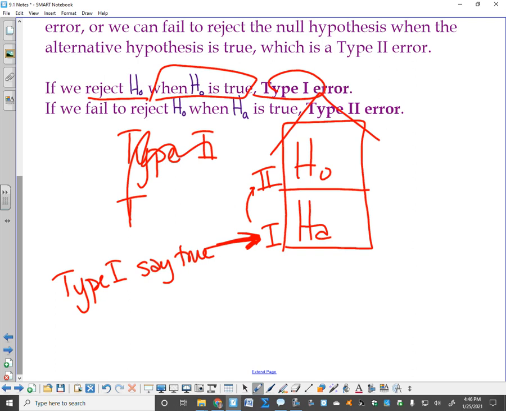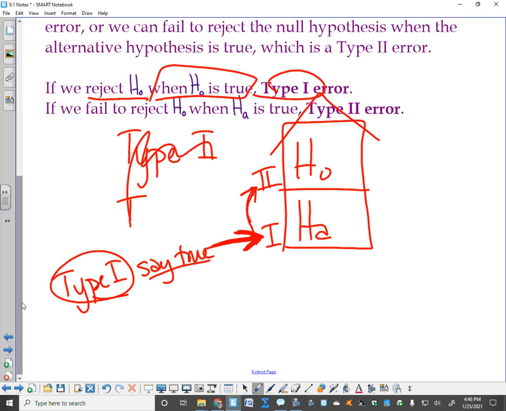And this is how you always write. H sub O is always first, and then H sub A is always underneath it. So always think of H sub O as being on the second floor and H sub A being on the first floor. So a type 1 error means you go to the first floor first, and you say that that's true. She is innocent. Those batteries last longer than 30 hours. When actually, the second floor is actually true.